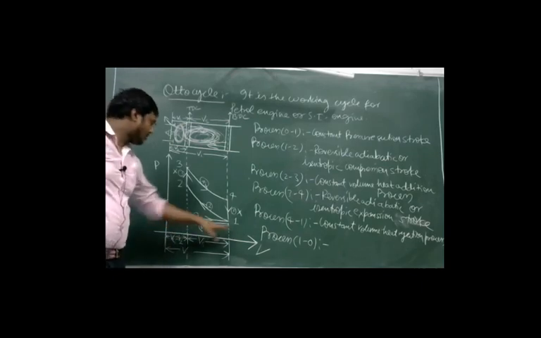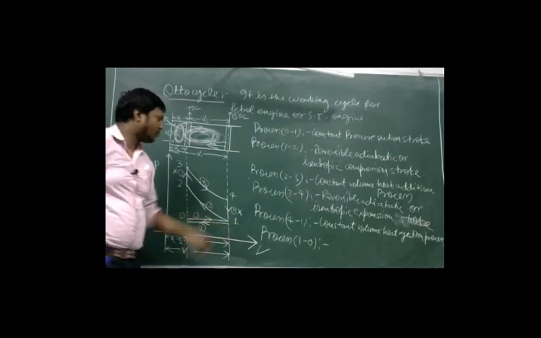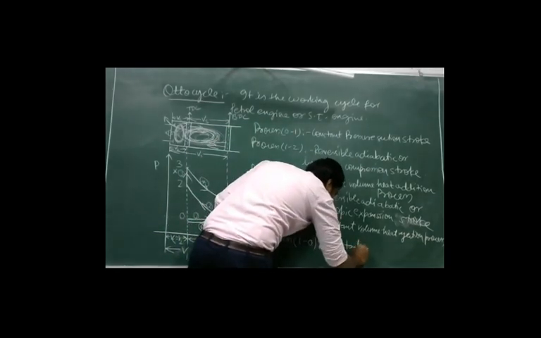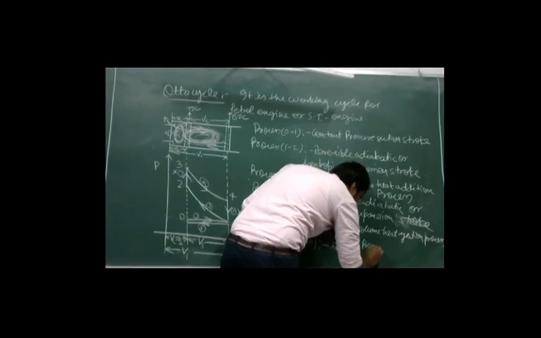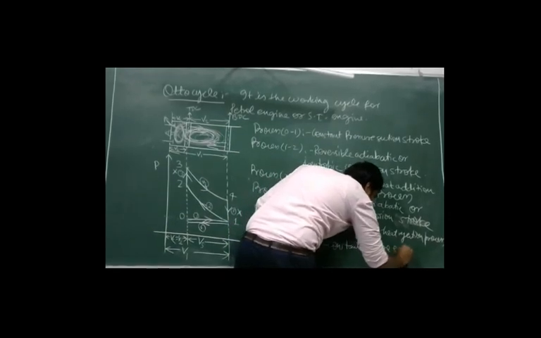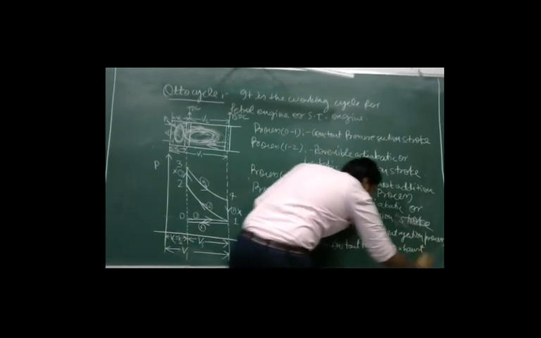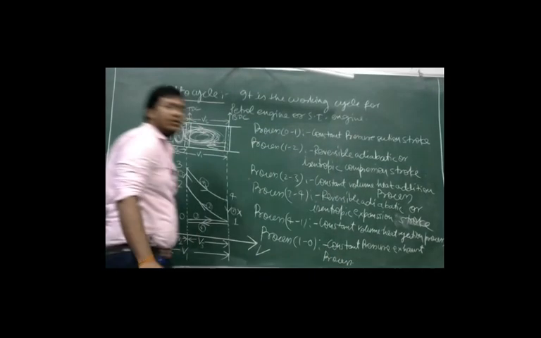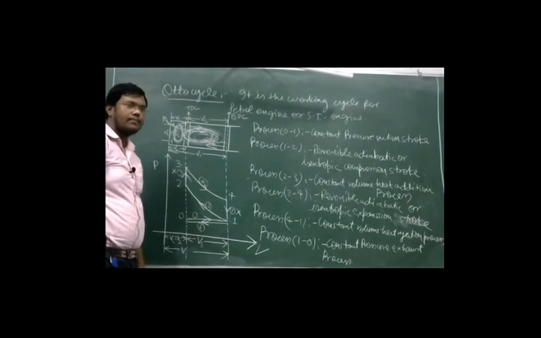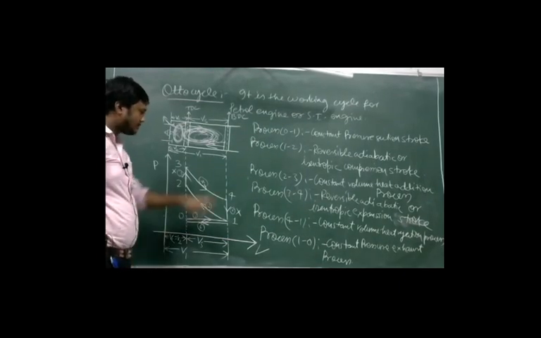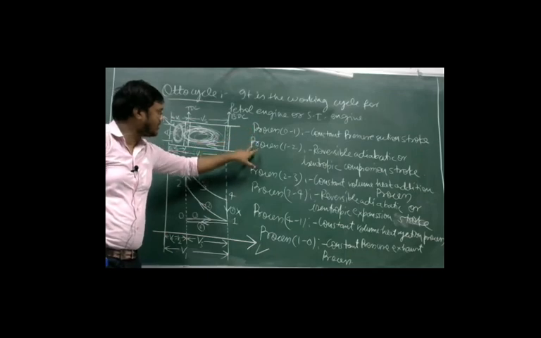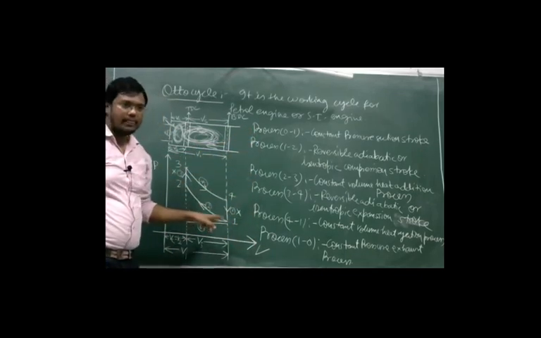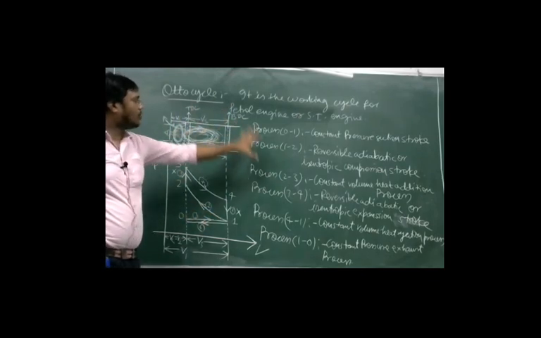This is again happening at constant pressure, so constant pressure exhaust process. So these are all the 6 processes which are taking place during ideal Otto cycle. Okay, so this is all for the Otto cycle.